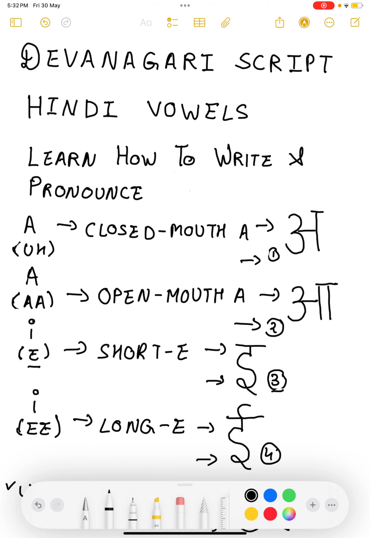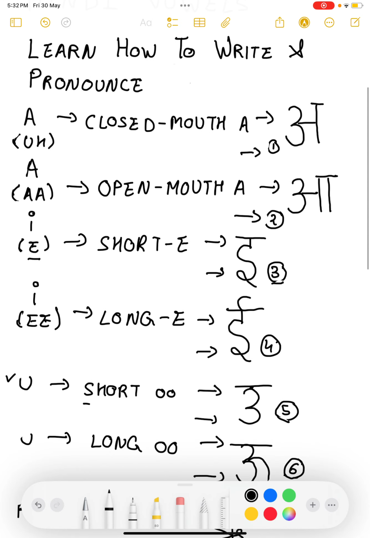So these are all the vowels we have in Hindi. Remember the pattern in which I've taught you. You would see it written down in English letters. All these sounds that you've learned today, this is how it will be written down in English letters. This is how it looks in the script, and this is how it is pronounced.